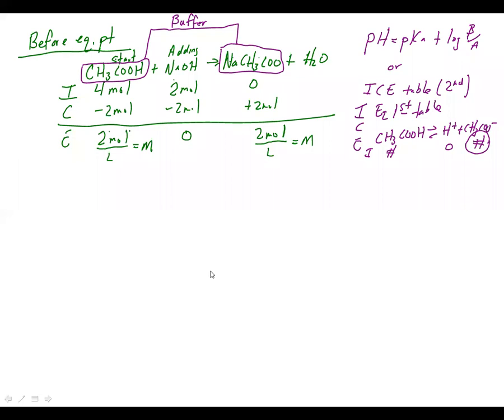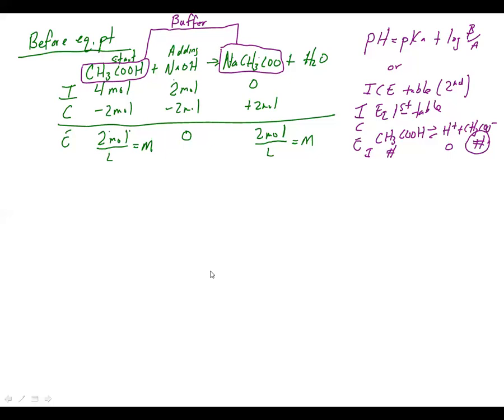So this is also one way, which we were talking about when we were talking about a buffer, that you could potentially make a buffer from the combination of a weak acid and strong base, like what we got here in this problem. And the buffer itself is not made up of the sodium hydroxide, but it's made up of what's left over after the reaction is done, which is what we have boxed up here, the acetic acid and the sodium acetate.